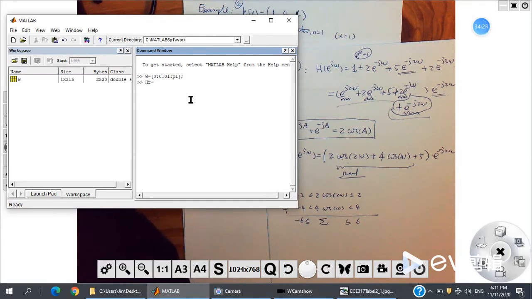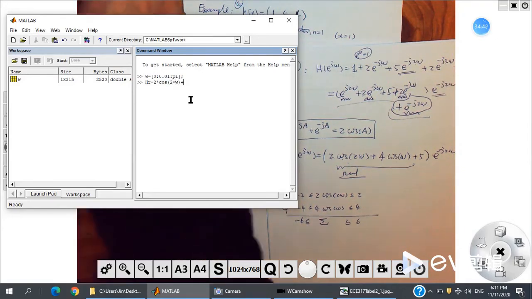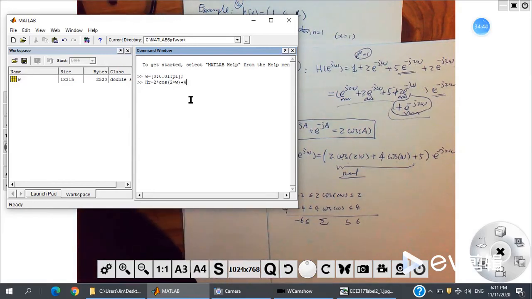HR is 2 times cosine of 2 times omega, plus 4 times cosine of omega, plus 5.